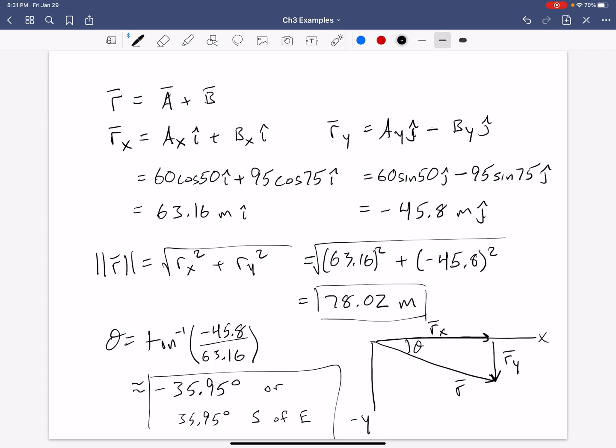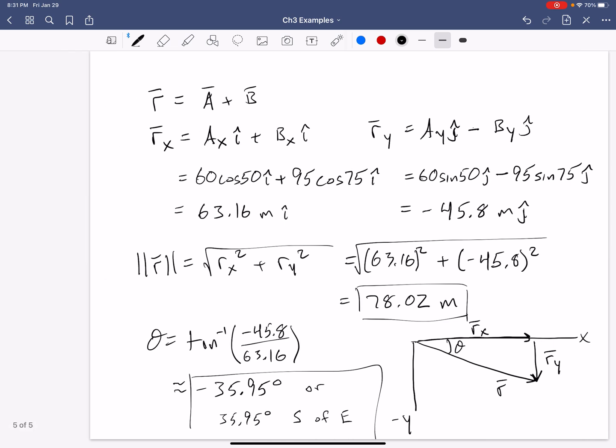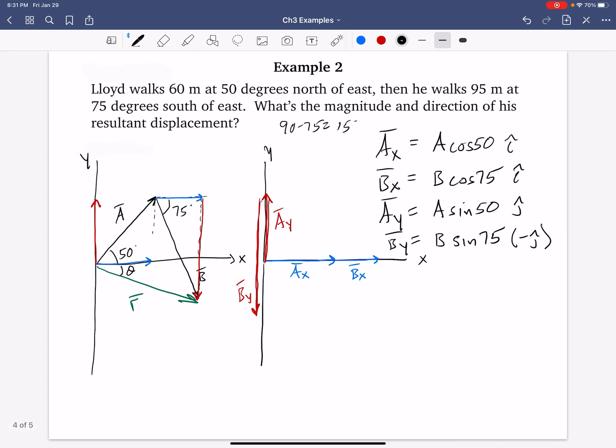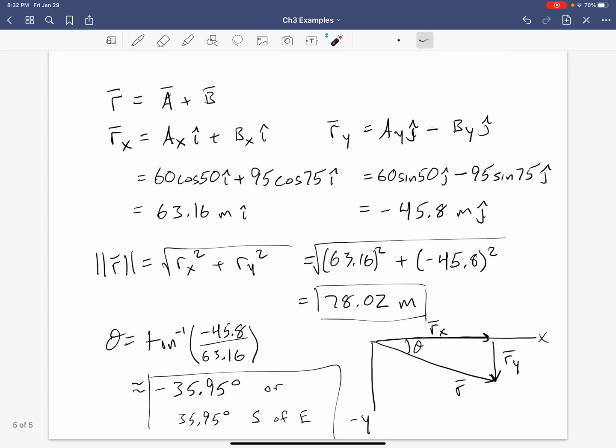And so again, in this problem, let's go back here. We first got a vector statement, right? And that means that the resultant R was equal to vector A plus vector B. And so that gave us this statement to write out.